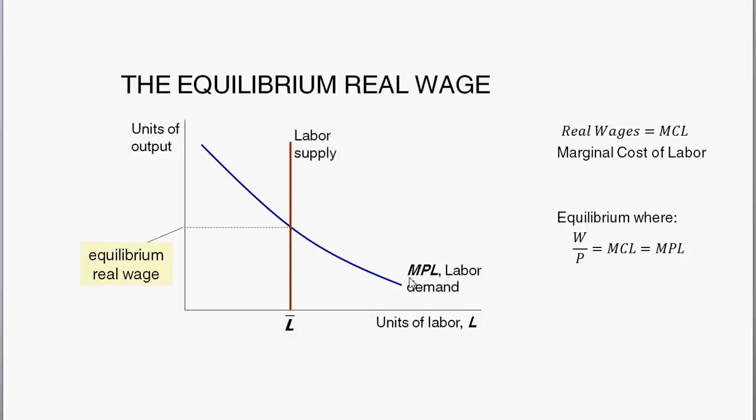The demand curve here is going to be defined by that production function, so firms. Remember the production function was that concave shape, and the marginal product of labor was decreasing. So early on, if you add a little bit of labor, you're going to get a big increase in output. However, later on, if you add a little bit of labor, you're only going to get a small increase in output.